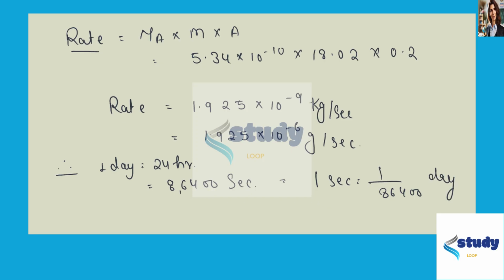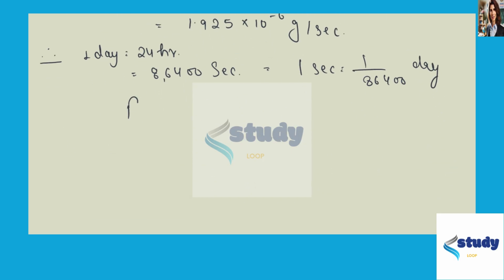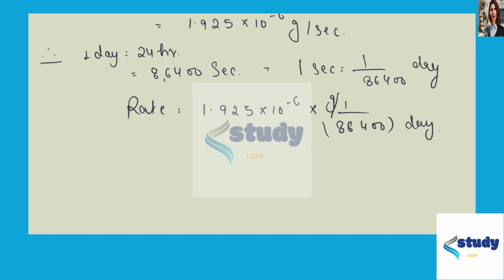So we can multiply the rate to get it per day, that is equal to 1.925 into 10 to the power minus 6 multiplied by 86400 per day, in gram per day. So the rate is equal to 0.1663 gram per day, and this is our final answer.